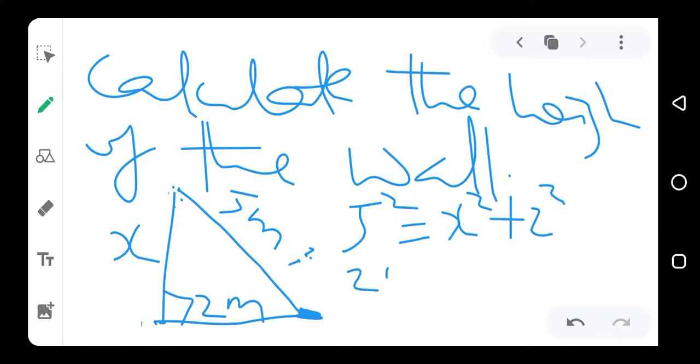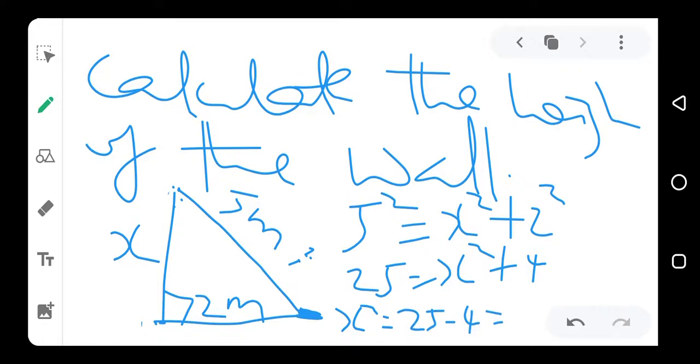Then 25 is equal to x squared plus 4, and x squared is equal to 25 minus 4, which is equal to 21. Now this means that x is equal to root 21. So that is the answer.